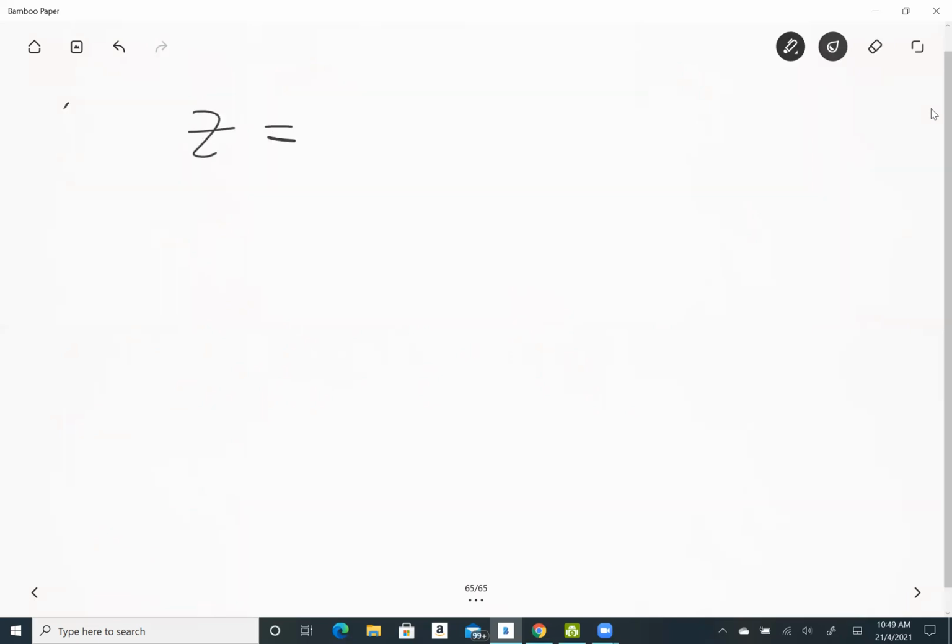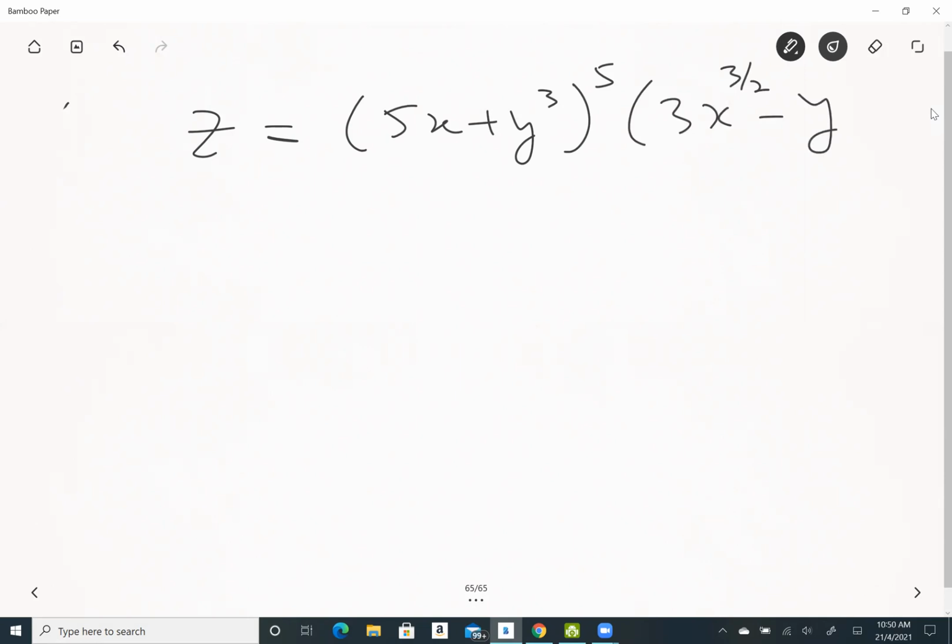So another example we give is the product rule. Let's say z equals (5x plus y cubed) to the power of 5, multiplied by (3x to the power of 3 over 2 minus y to the power of negative 4) squared.